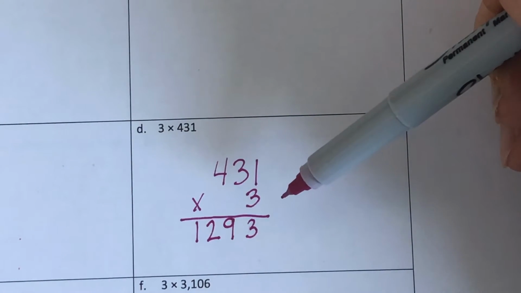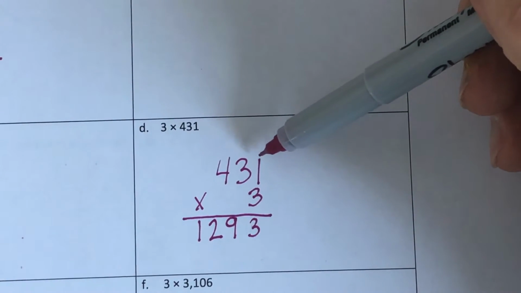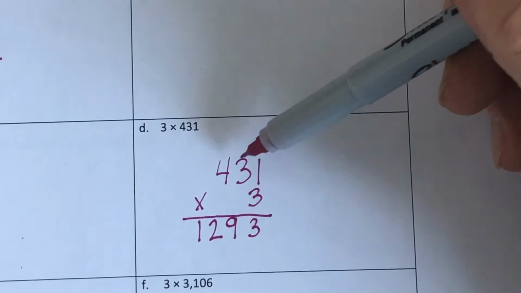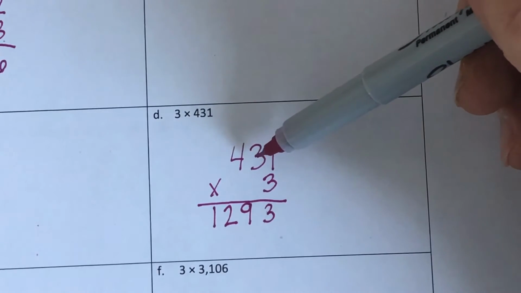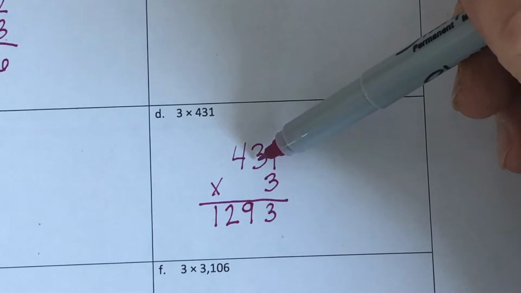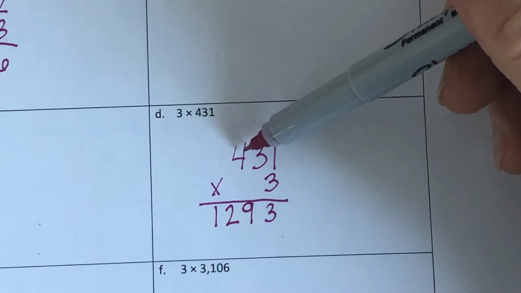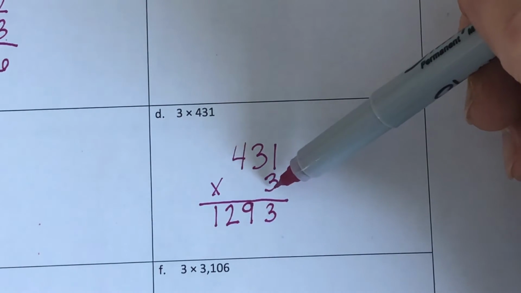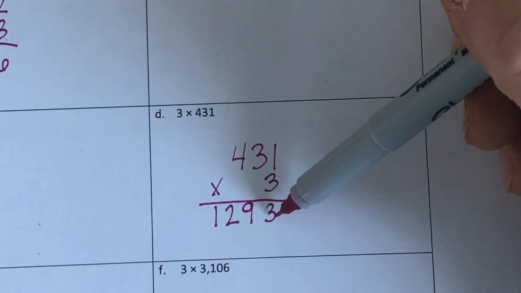What I really want you to understand, though, is that these numbers up here are in place values. This 1 is worth just 1. This 3 is worth 30 because it's 3 tens. And this 4 is worth 400 because it's in the hundreds place. So when I did 3 times 1, that really is just 3.